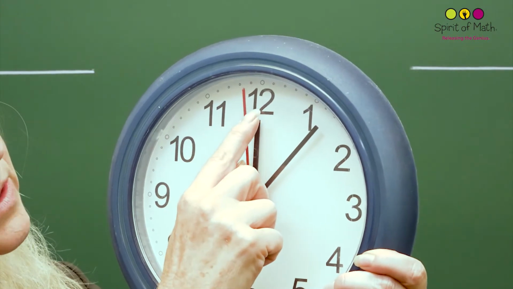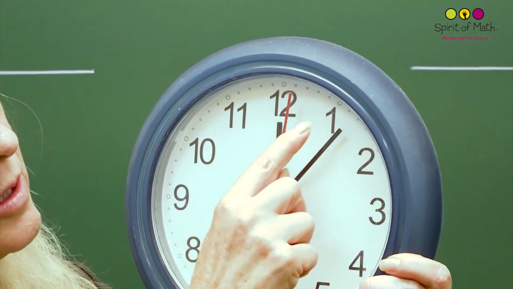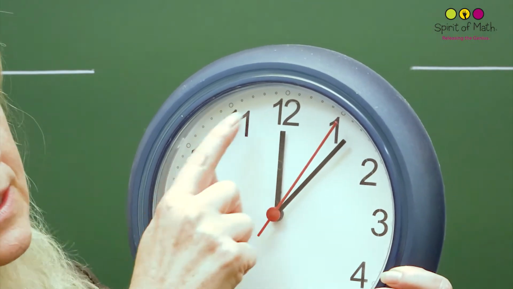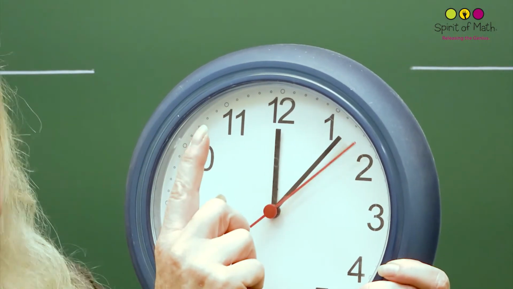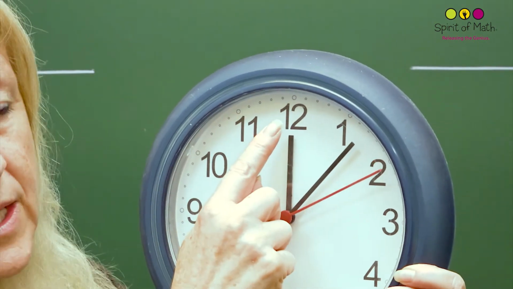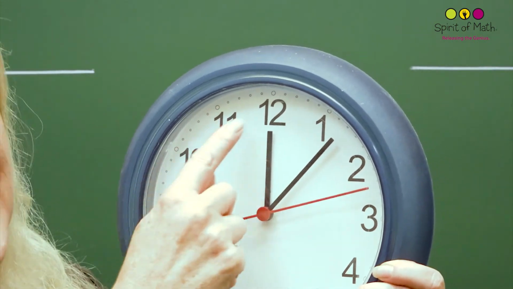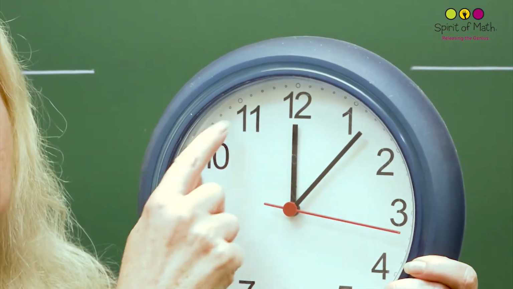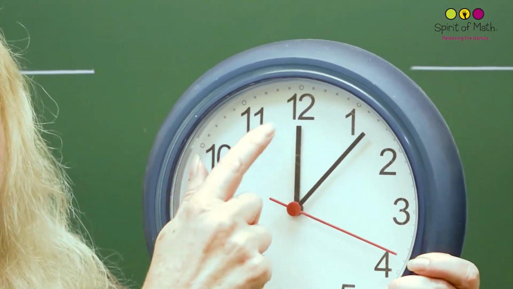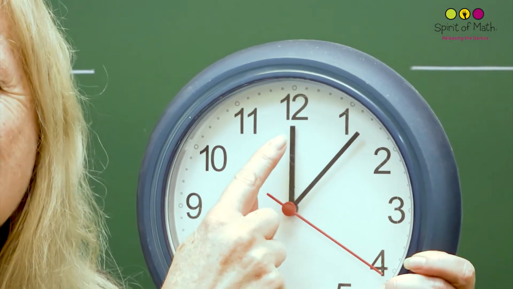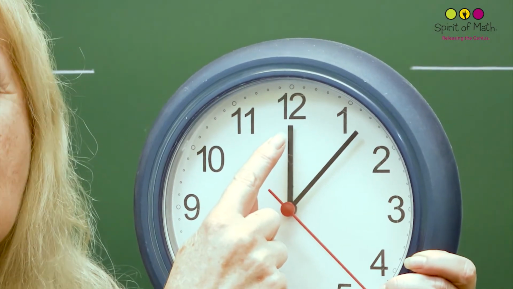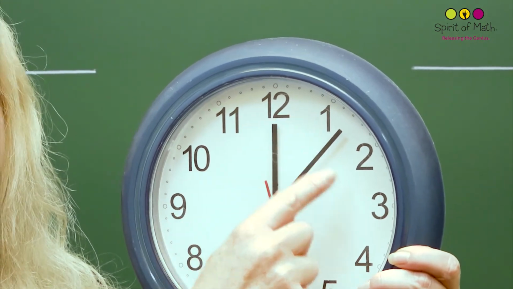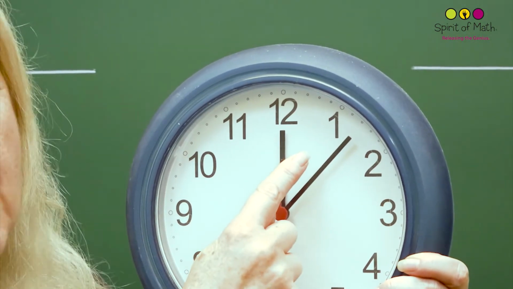There's always 60 seconds in a minute, 60 minutes in an hour, and there's 12 hours and then another 12 hours to make a whole day. So 24 hours in a day. And we always say the morning time is 12 hours, and then the afternoon time is another 12 hours.